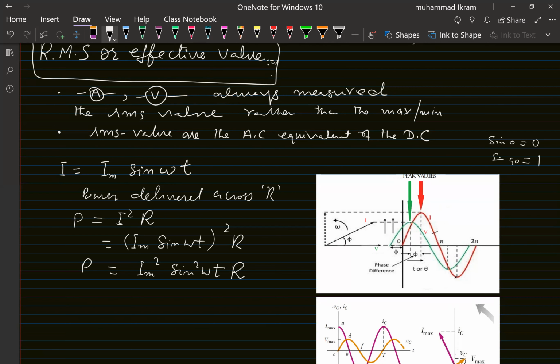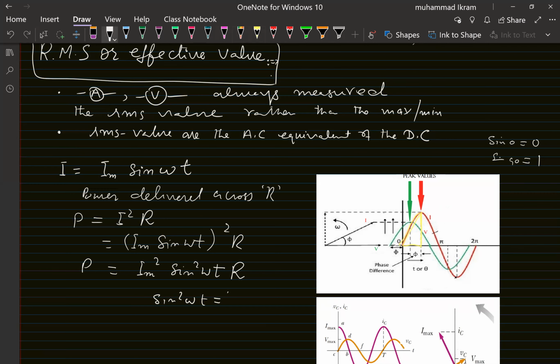So over one complete cycle, as you see here, the average value of sine square omega t is equal to 1 over 2.